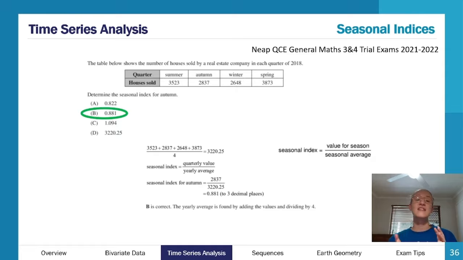So I can start to see that our house sales in autumn are going to be about 12% below average. Winter's even lower, so that's going to be a bit further below average. And I can see that summer and spring are definitely going to be above average.